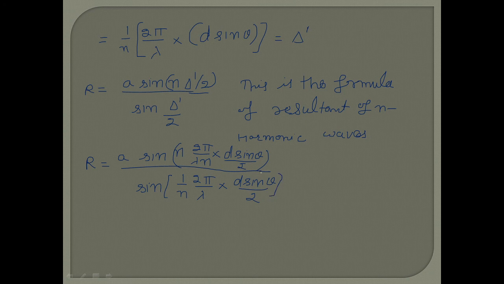After the solution of this equation, we get R equal to A sine pi d sine theta divided by lambda, the whole divided by sine pi d sine theta divided by n lambda.